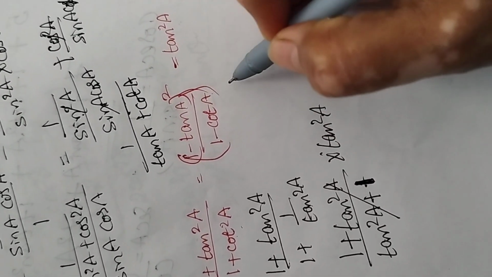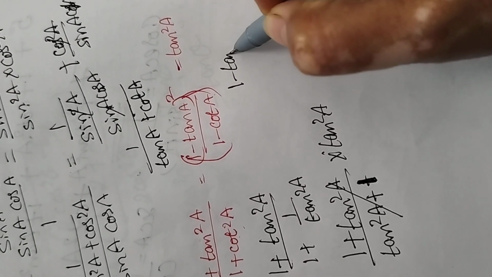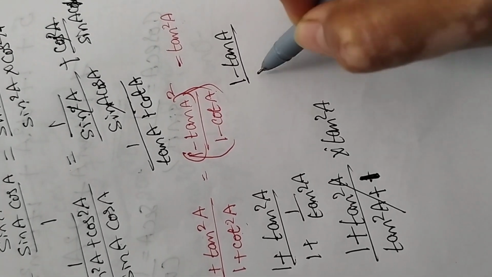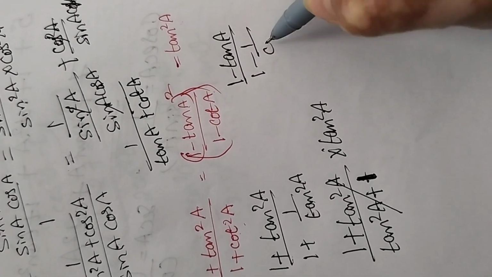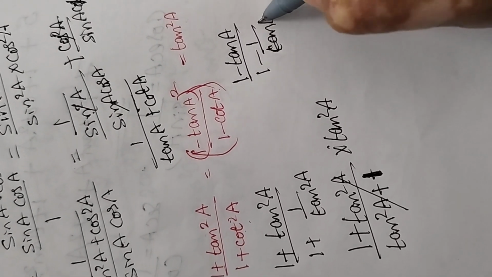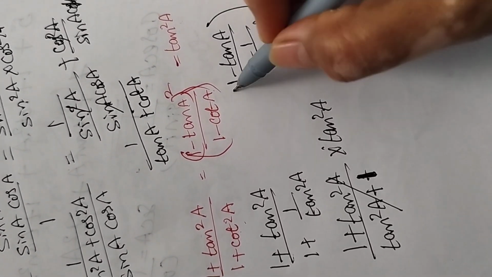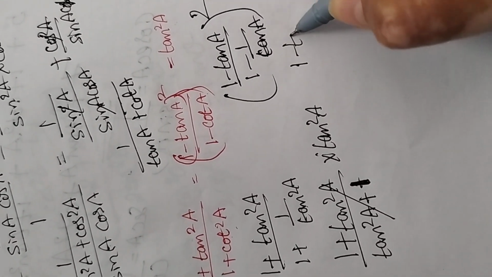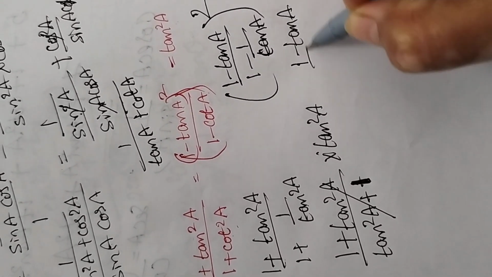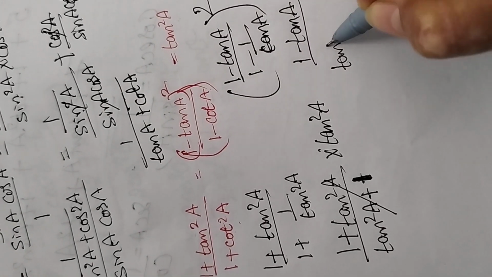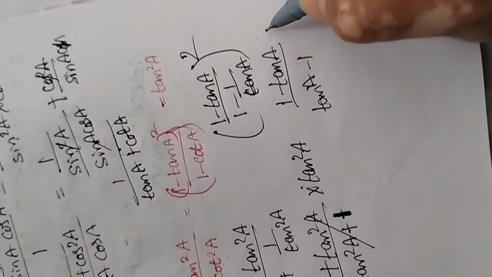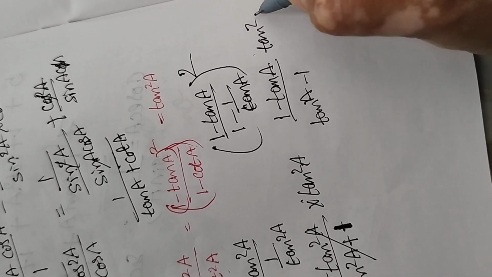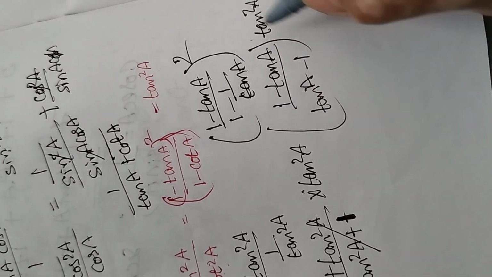Next, coming to this, tan a. You will get 1 minus tan a by tan a minus 1 to tan square a here. This is whole square.